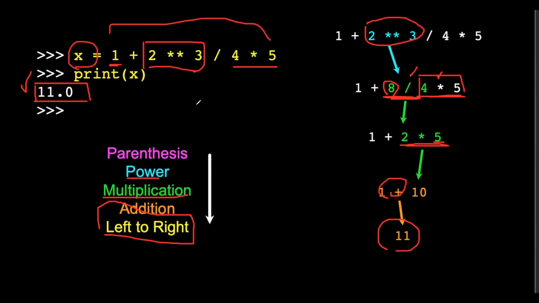So because the chances of you getting a decimal is pretty large, it will convert this x to be a float value, even though this whole expression evaluates to an integer, which is 4 bytes. Python actually turns this automatically into a float. So the result is 11.0, which is fine, which is 11 with zeros at the end, where the decimal takes place, padded with zeros.